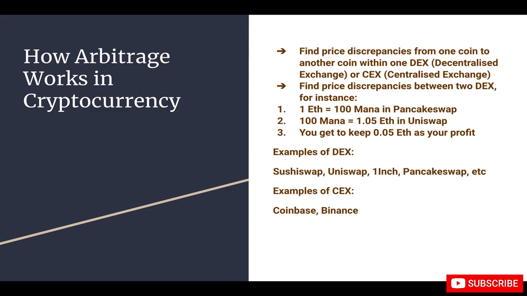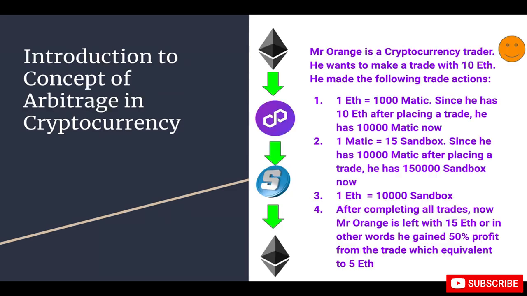It's exactly the example I showed you in the previous video, where you exploit price differences between Ethereum to Polygon, then Polygon to Sandbox, then Sandbox back to Ethereum, right? That's how you got the profit, which is 5 Ethereum. That's how Mr. Orange got the profit. That's the first type of arbitrage in cryptocurrency.